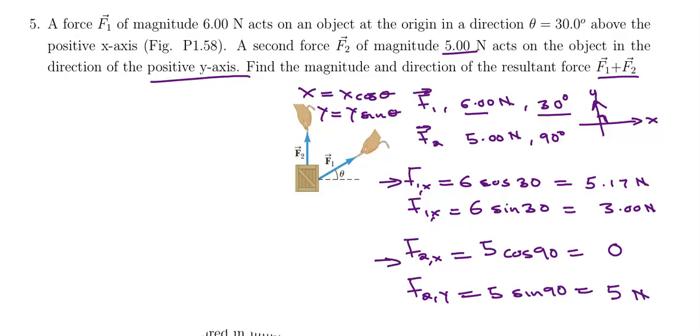Our resultant Fx is F1x plus F2x, which is 5.17 plus 0, which is actually 5.17.